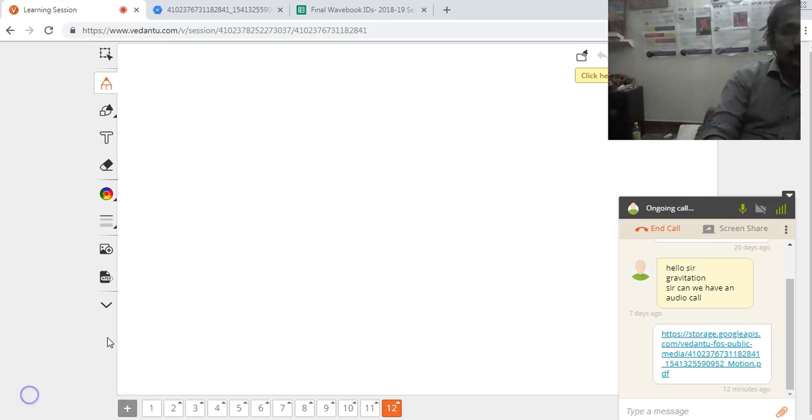Can you repeat your doubt? It says find its displacement after 1.5 revolutions. Okay, first I'll just try.